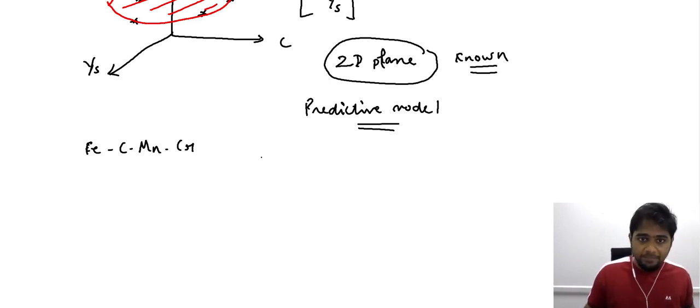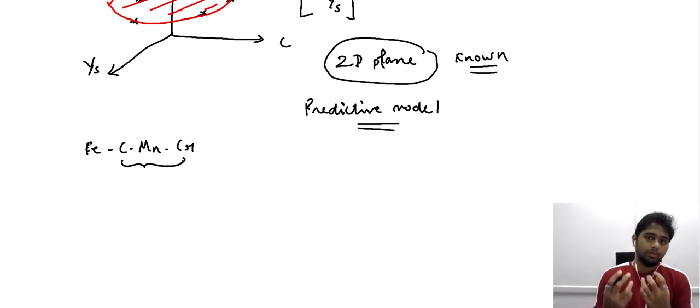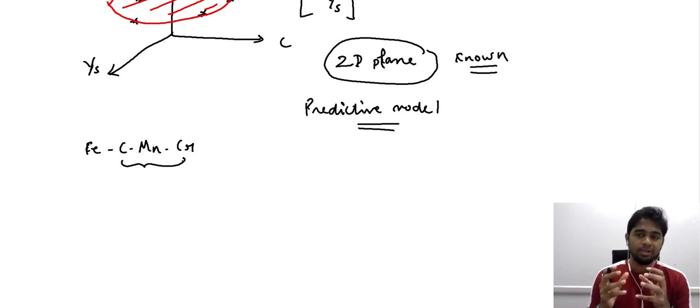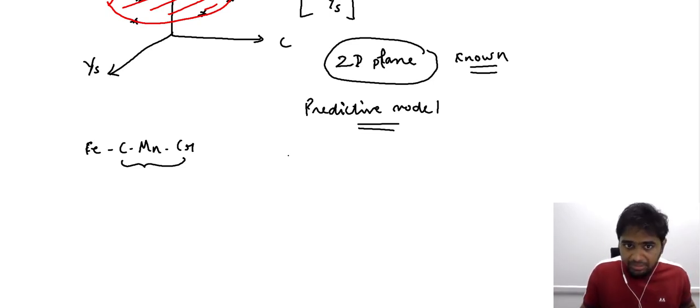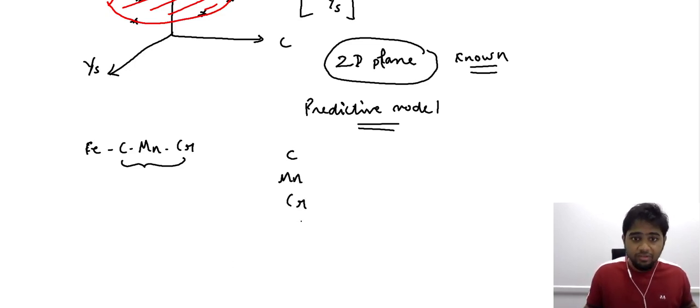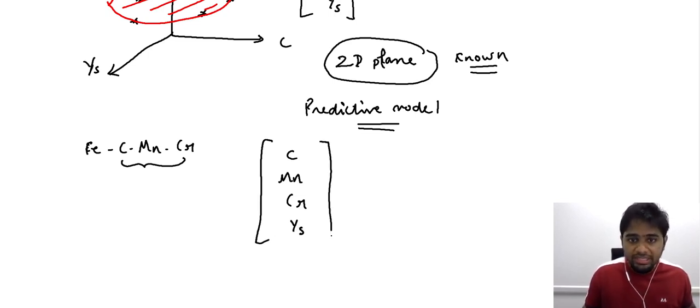Now in this case, the number of independent variables is 3. So ideally, even without augmenting any mechanical property to it, you need to have a 3-dimensional space to represent the concentration here. Now if you include the mechanical properties, say yield strength, what you need is a 4-dimensional vector space to represent the concentration along with the property.